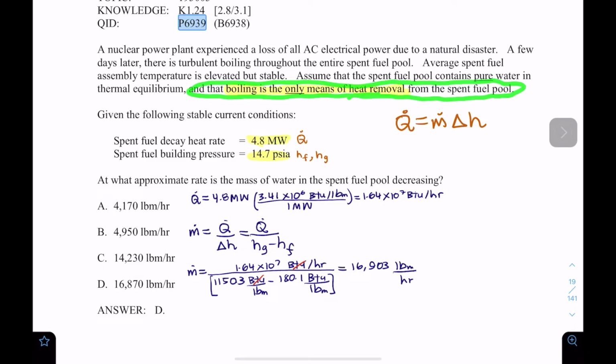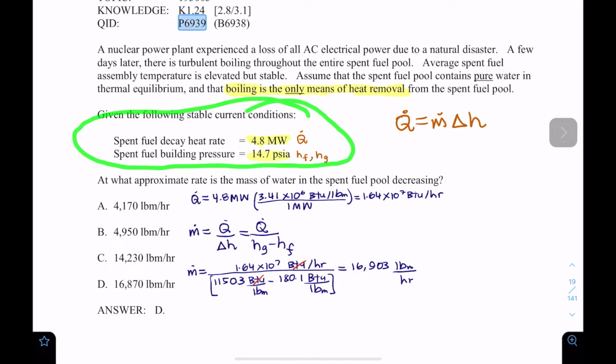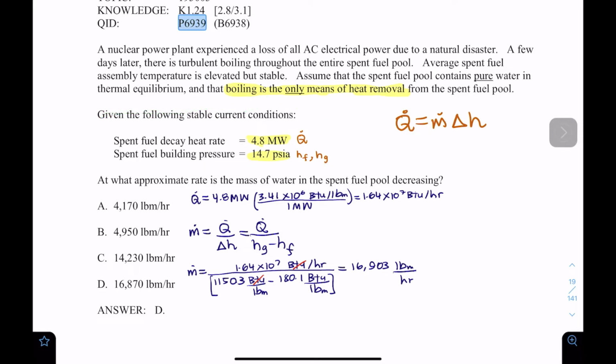Okay, let's analyze that. So now, what am I being given here? Current conditions. They're giving me the heat rate. They're giving me the building pressure.